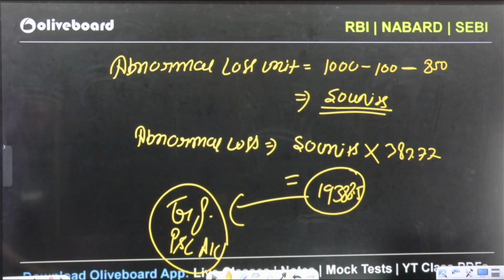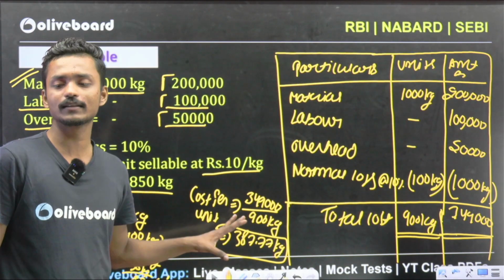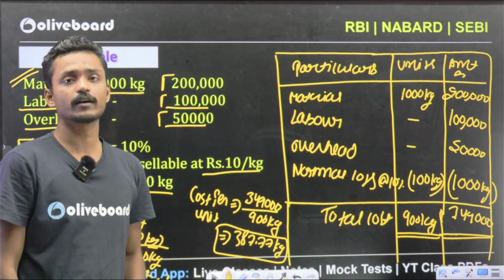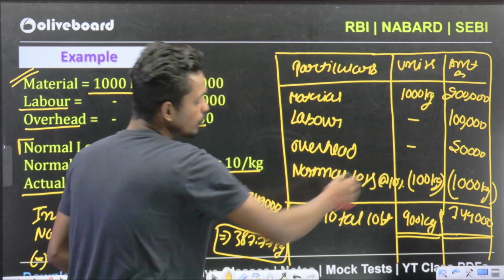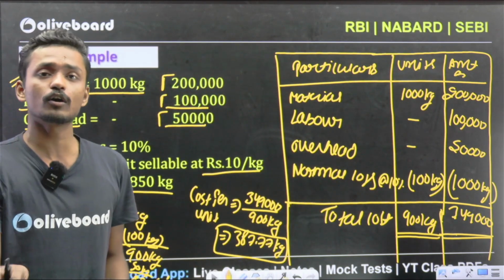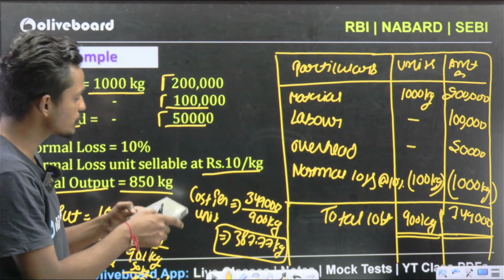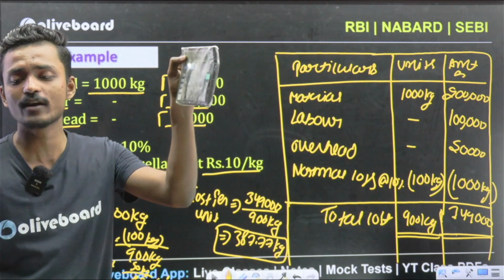I hope right now you are able to understand. I am recovering only the 387.77 per kg from the customer. Let's say suppose you have incorporated the abnormal cost here, now your per unit cost will go up. Now you can see, 3,49,000 divided by 850 units, now you have 410 rupees per kg.